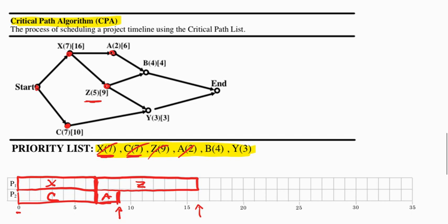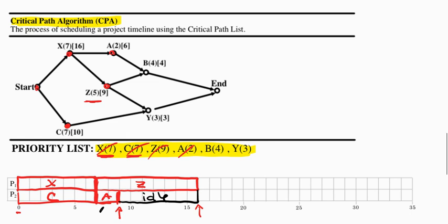And we see that at time 16, once task Z is finished, I can start both task B and task Y, because task B needed A and Z to be completed. A was completed all the way back here. And task Y needed C and Z to be completed. C was completed back here.